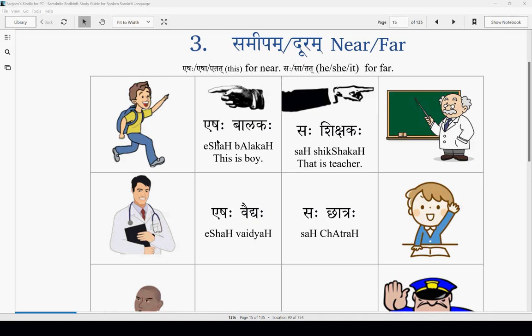So here we are using esha. Esha means this or he in pullingam. Esha is a pullinga word. So esha balaka means this boy. Esha balakah. And here on the right side we are using sah shikshaka. Shikshaka means teacher.